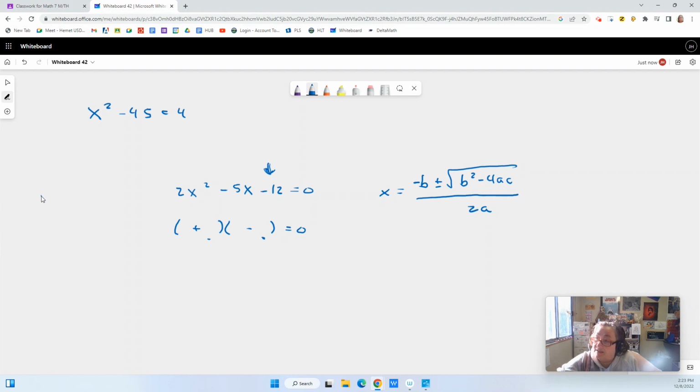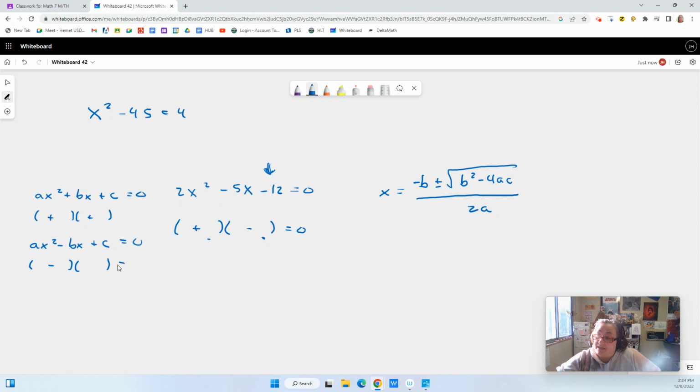And one of those things is if I have an ax squared plus bx plus c term and it equals 0, I know my factors are both going to be positive, right? Because everything in here is positive. If I have ax squared minus bx plus c equals 0, both of my terms are going to be negative.